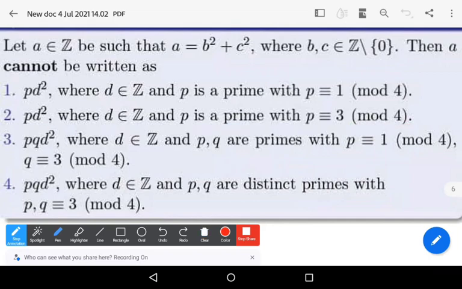Again, pqd square, where d belongs to Z, p, q are primes with p congruent to 1 modulo 4, q congruent to 3 modulo 4. Again, pqd square, where d belongs to Z, p, q are distinct primes with p, q both congruent to 3 modulo 4. You have to choose the correct option among the following statements which cannot be written in this form.